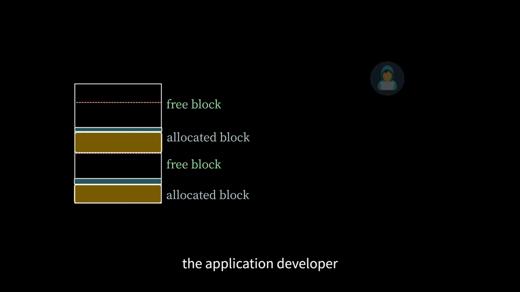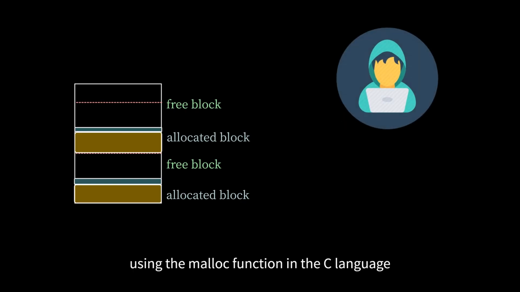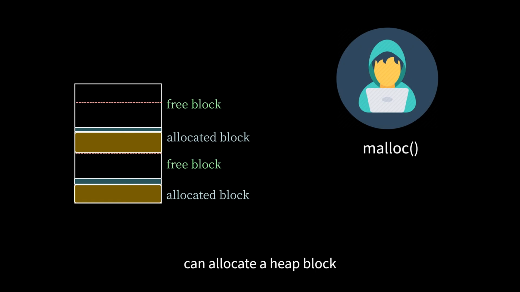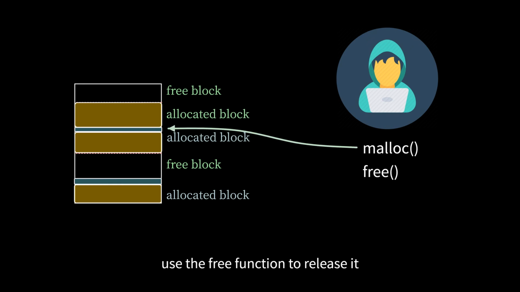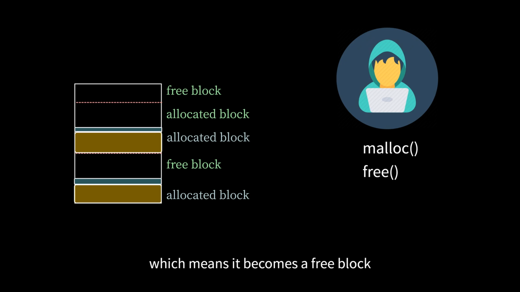Then, the application developer using the malloc function in the C language can allocate a heap block, for example. After obtaining its starting address, you can access this area. Then, when it is not in use, use the free function to release it, which means it becomes a free block.